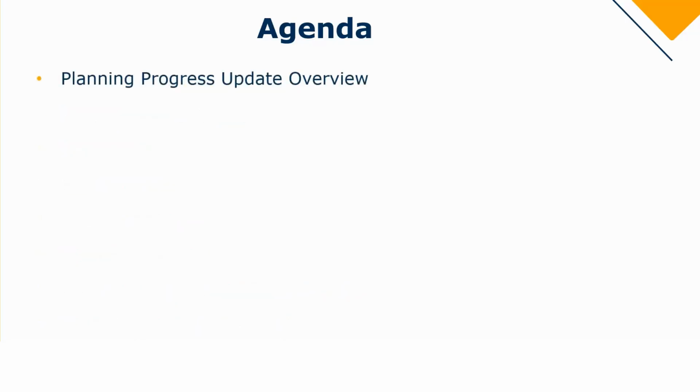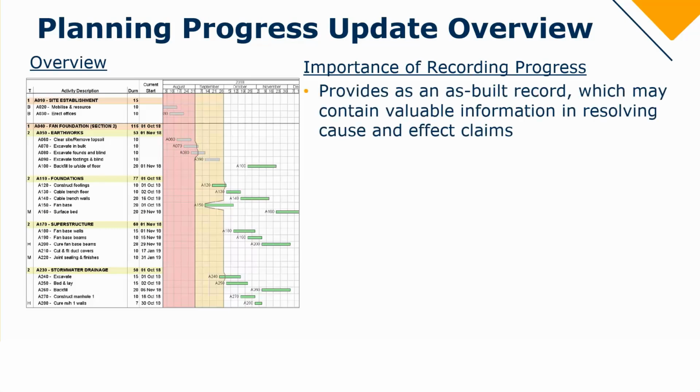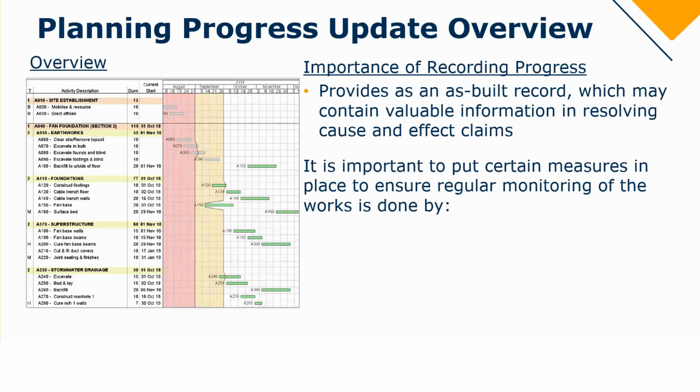Okay, so first on the agenda we have the Planning Progress Update overview. Why is it important to record progress on a regular basis? Once a program has been accepted as contractual, recording progress of activities provides an as-built record. It is for this reason that it is important to put certain measures in place, to ensure that regular monitoring of the work is done.